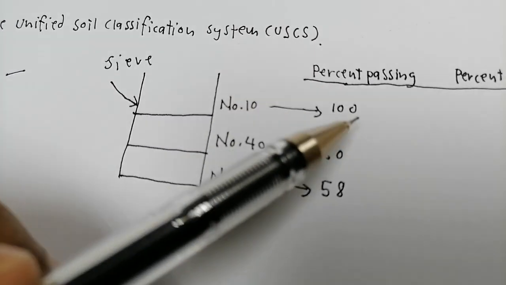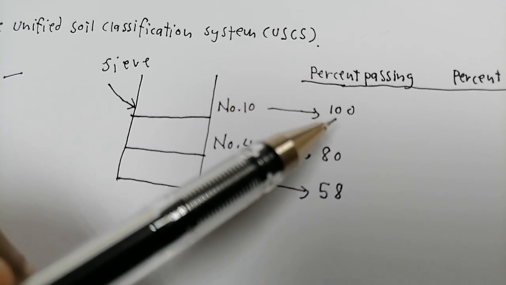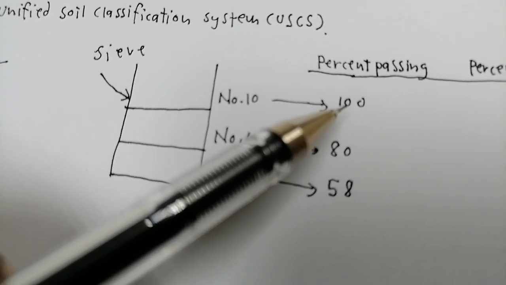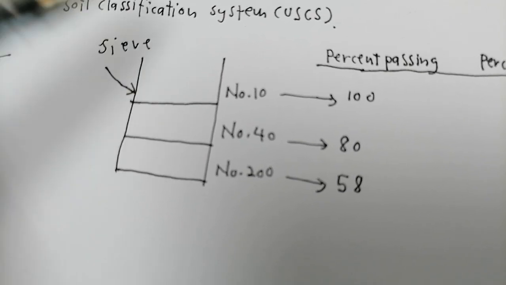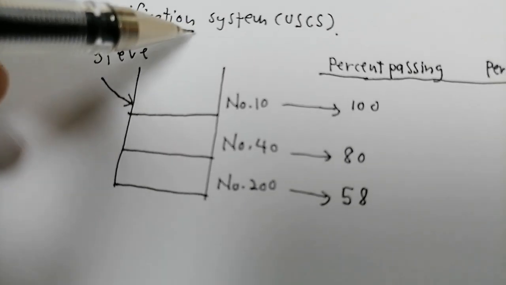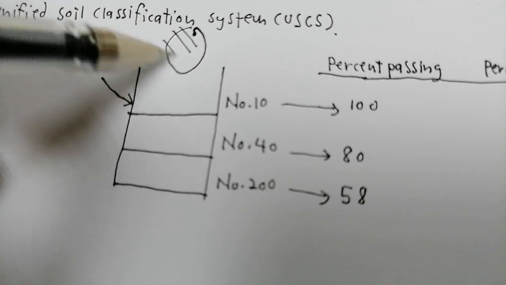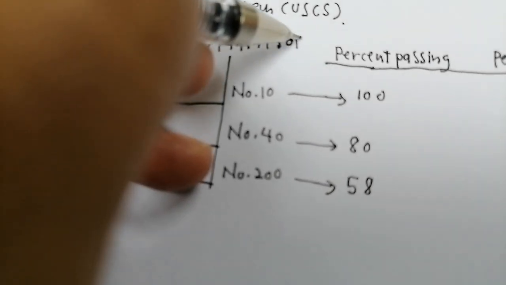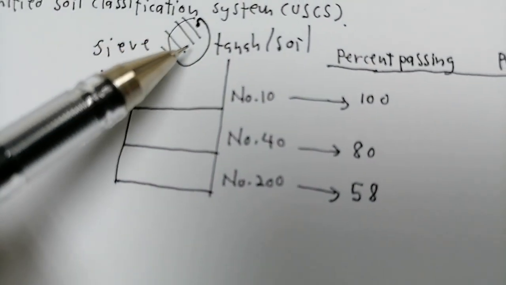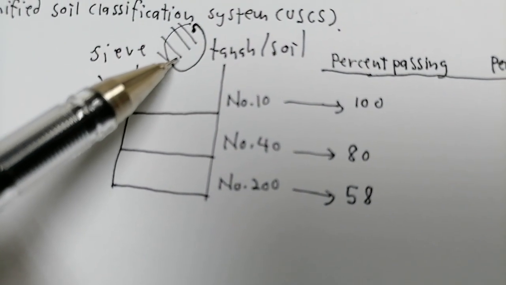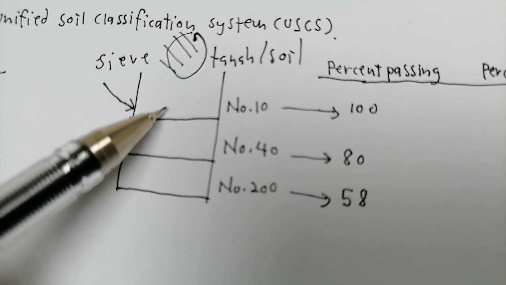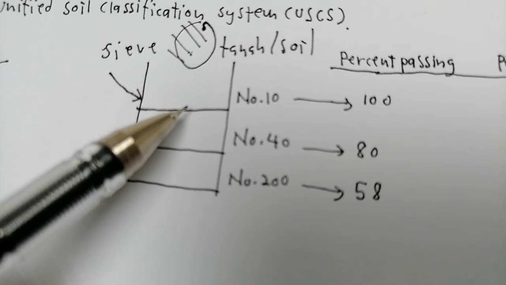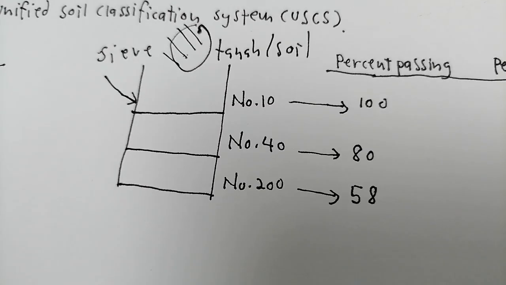For number 10, percent passing is 100. Faham tak? Maksudnya, untuk sieve number 10 ni, kalau kita tuang sampel tanah or soil, tanah ni akan 100% melepasi sieve number 10.